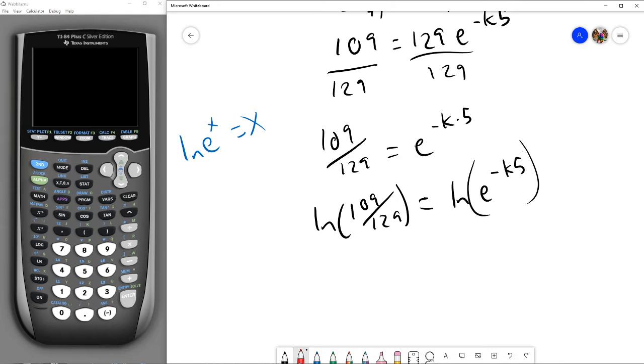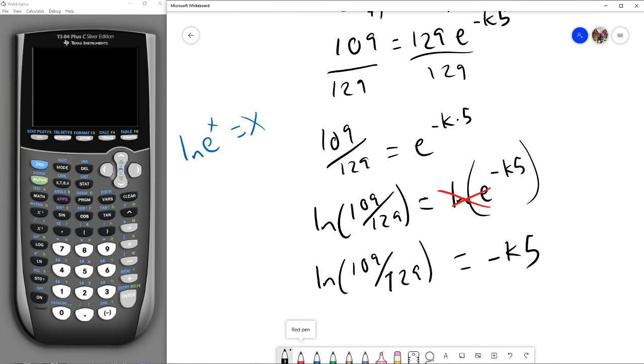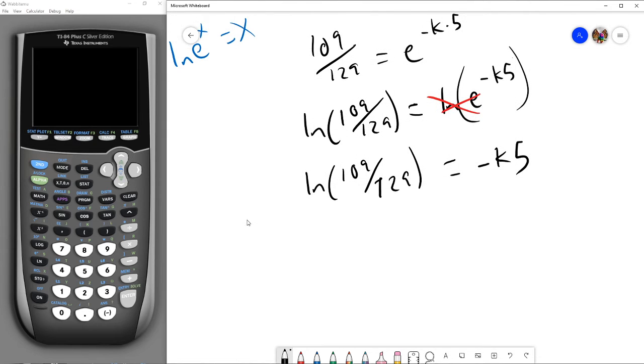And so we can think of this natural log and exponential killing each other off. And that's just by our properties. So we are left with natural log of 109 minus natural log of 129 is equal to negative k times 5. And we'll divide that negative 5 out. So k will equal natural log of 109 over 129 over negative 5.